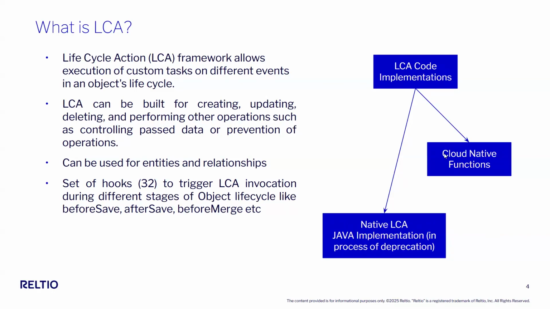The first one is the native LCA, or the legacy way of supporting these LCA functions, where you create the code and you share the jar file with Reltio. We review that code. We try to identify if there are any security concerns or any performance issues with that code, and then we give you feedback. Based on that feedback, you improve the code, you share it with Reltio again, and we review it again.